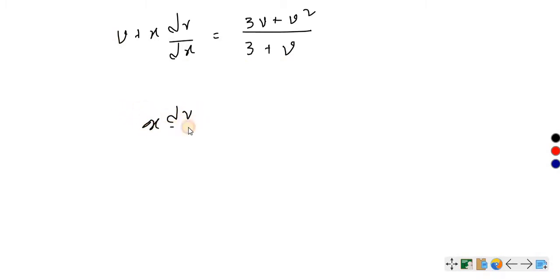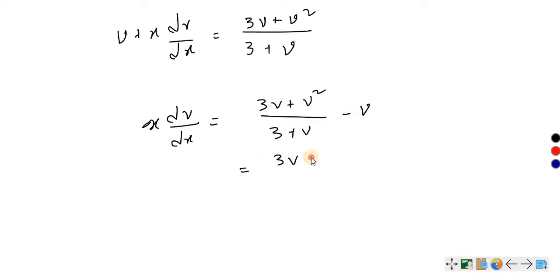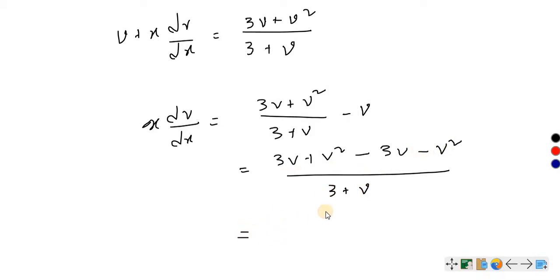x dv by dx is equals to 3v plus v square by 3 plus v minus v. So this will be what? 3v plus v square minus 3v minus v square divided by 3 plus v. So this can be further written as, so v square cancels out, and 3v cancels out, so it becomes 0.